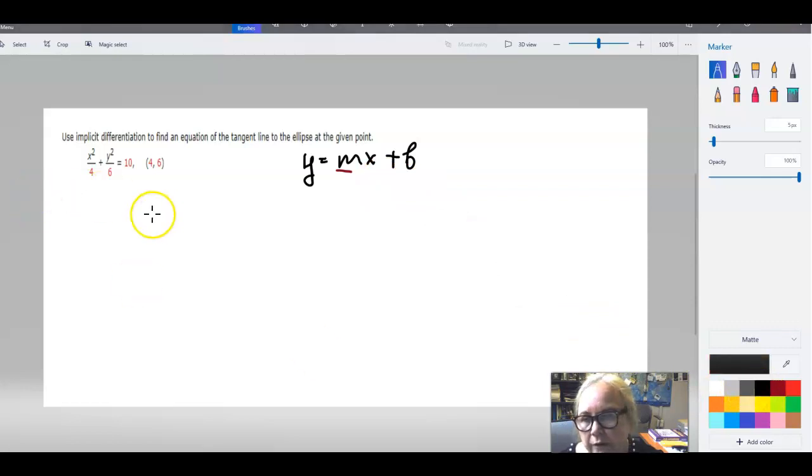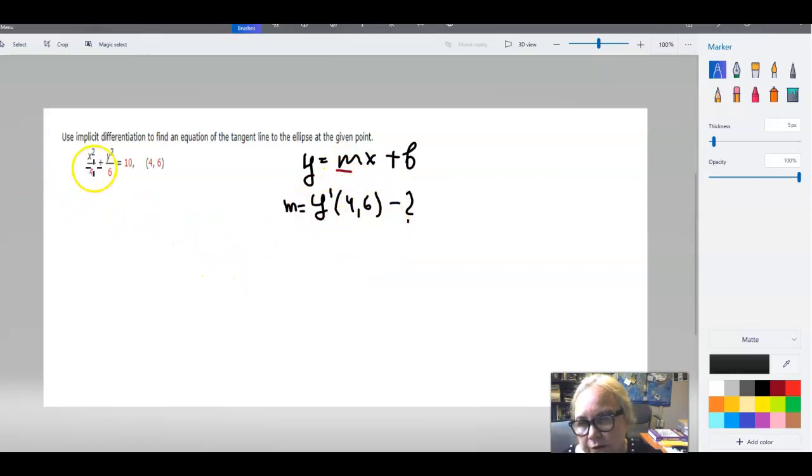So, to find the slope, we need to evaluate the derivative of the function at the point (4, 6). That will be our slope. If we find this value, we can find the slope, and then we go from there.